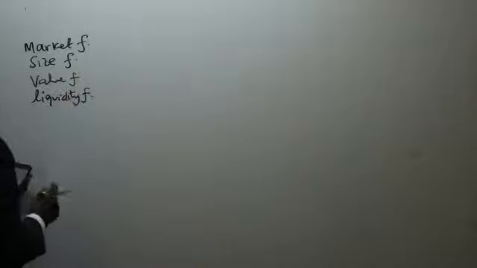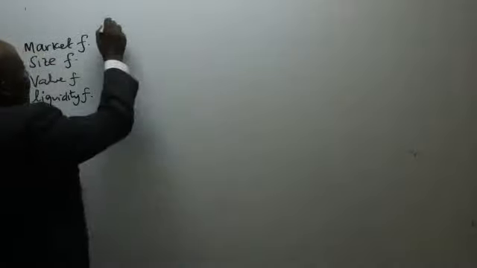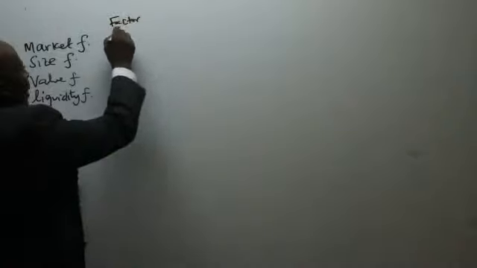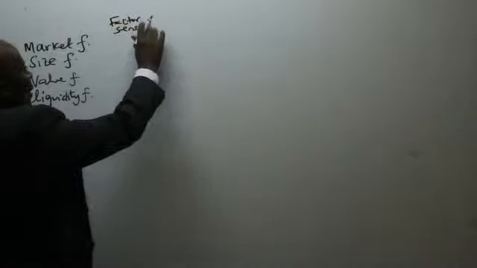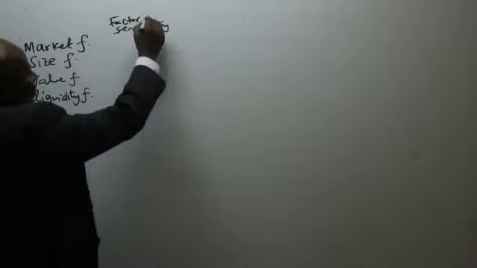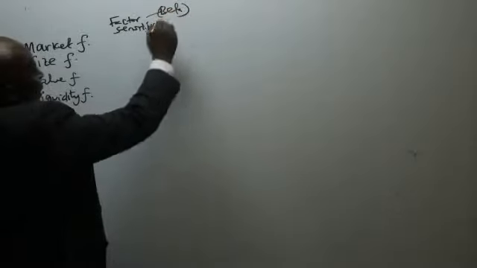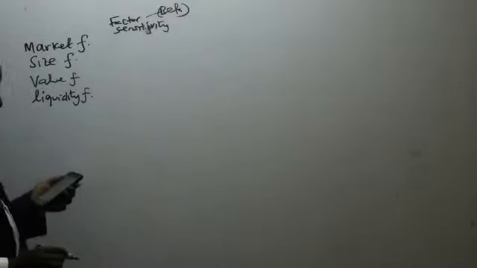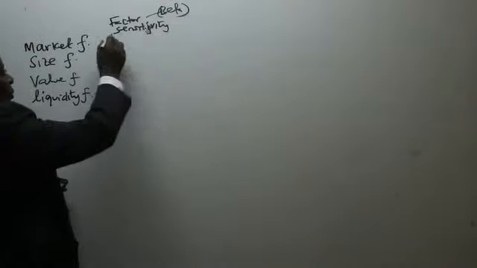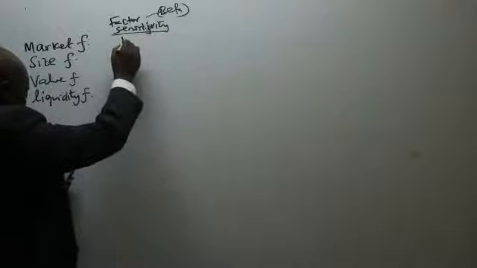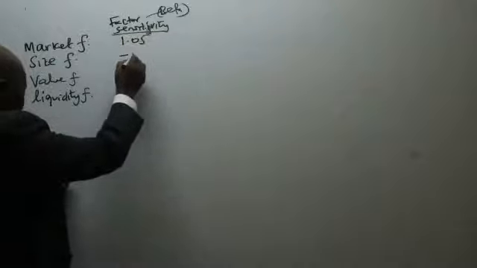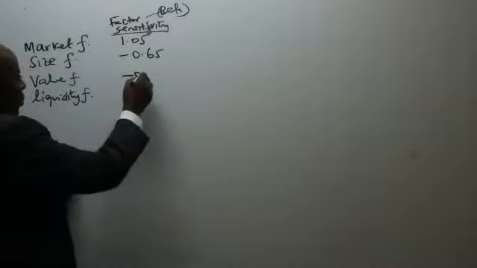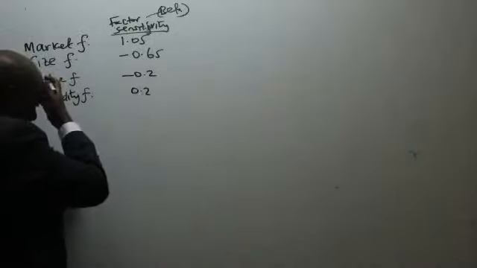And then what they have done, they've given us factor sensitivity. Factor sensitivity is the same as your beta. Anytime they talk of factor sensitivity, that is beta. What do we have here? We have 1.05, minus 0.65, minus 0.2, then 0.2.